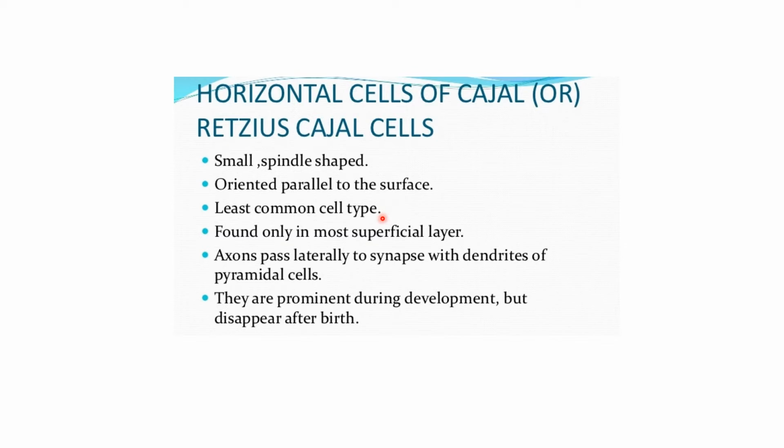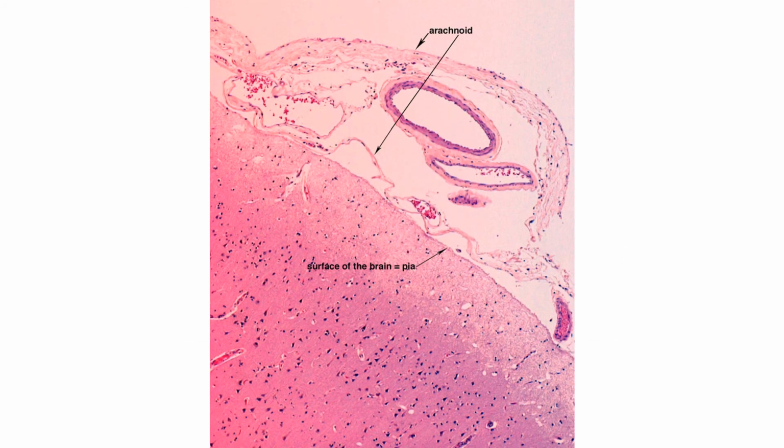Because they disappear after birth, and only one or two cells are left. They are found only in the superficial layer. Their axons pass laterally to form synapses with the pyramidal cells. They are mainly present in the plexiform layer.